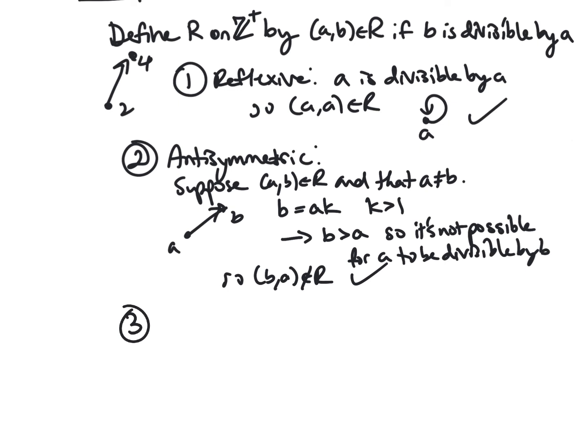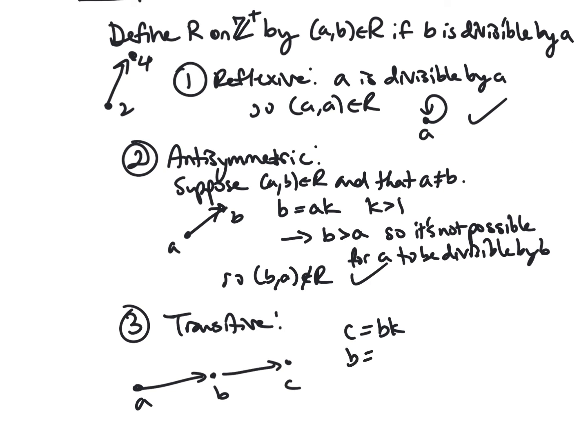And then the last one would be, is it transitive? So here we assume we have an arrow from a to b, we assume we have an arrow from b to c, so that means c is divisible by b, aka c is some bk, and b is divisible by a, and so b is some al. So then the question is c divisible by a? Well, yeah, we can just substitute in, right?